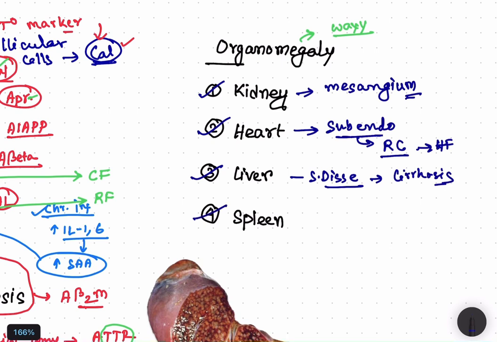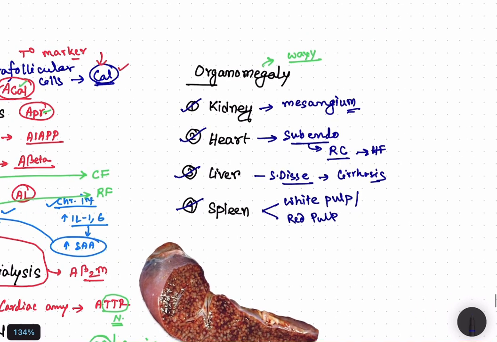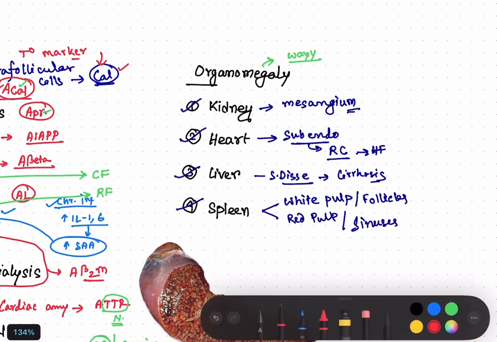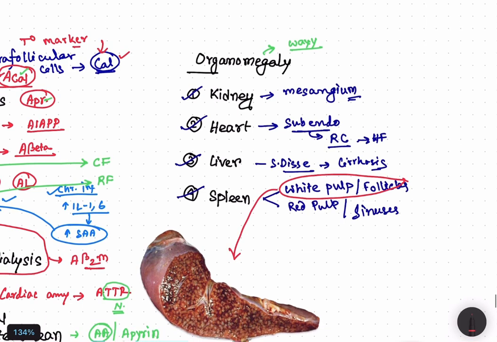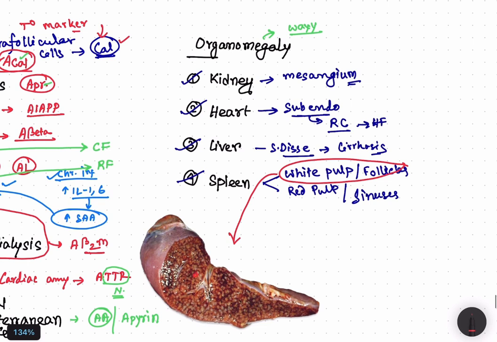Lastly, the spleen can get involved. In the spleen we have white pulp and red pulp. The white pulp is nothing but the follicles of the spleen, and the red pulp is basically the splenic sinuses. If amyloid is deposited in these follicles, that can give rise to a gross appearance with many whitish deposits simulating sago grains.